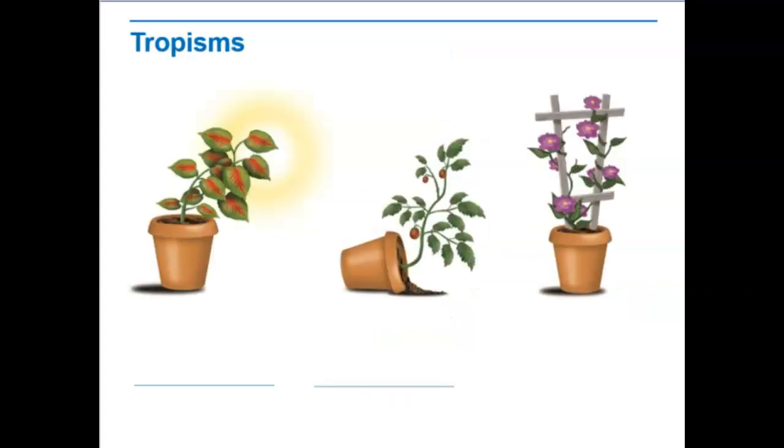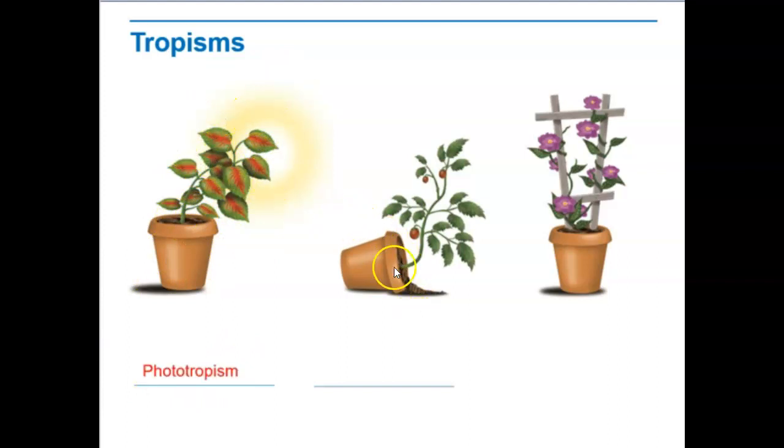Tropisms. This is plants and other animals responding to stimuli by moving. So plants can respond to stimuli by moving too. But movement is typically achieved by growing either toward or away from a stimulus. For example, here it's showing the sun, and a lot of times you'll see plants grow towards where they can get sun. This is known as phototropism.